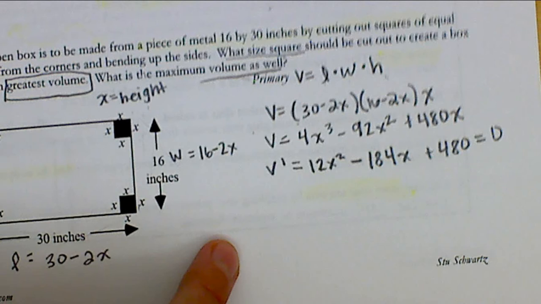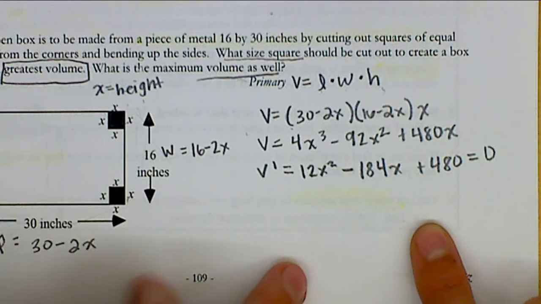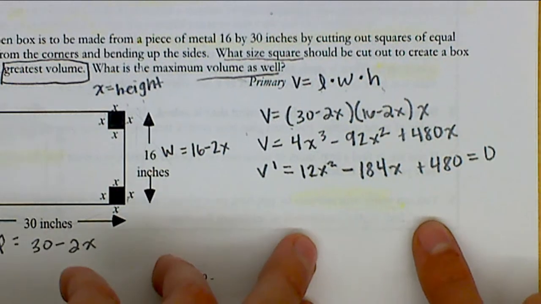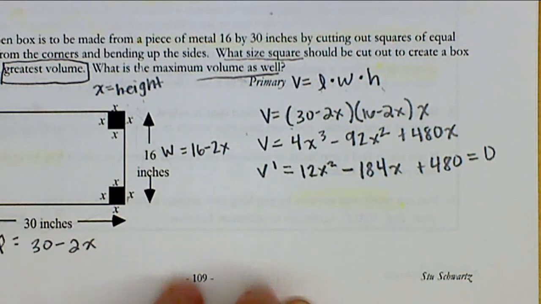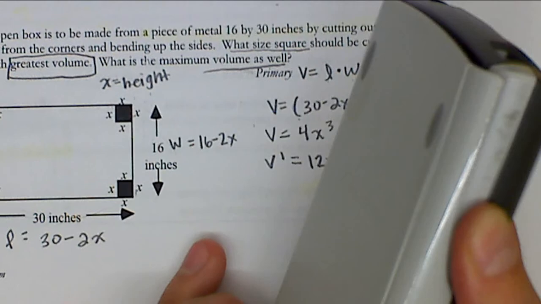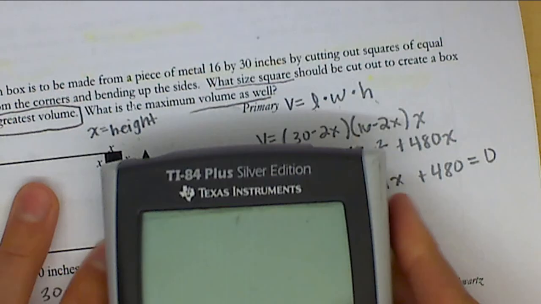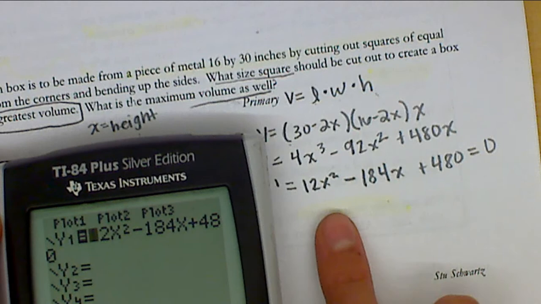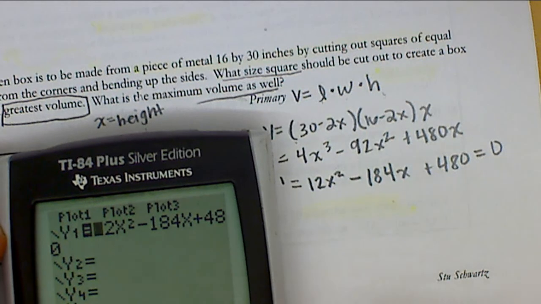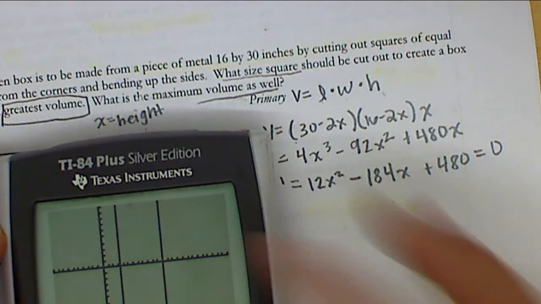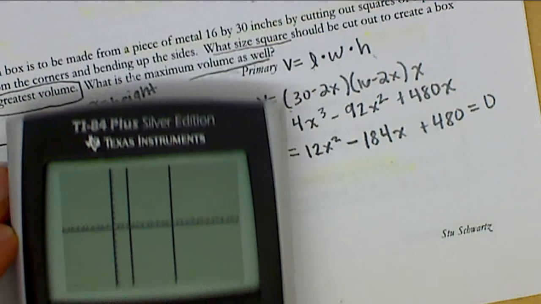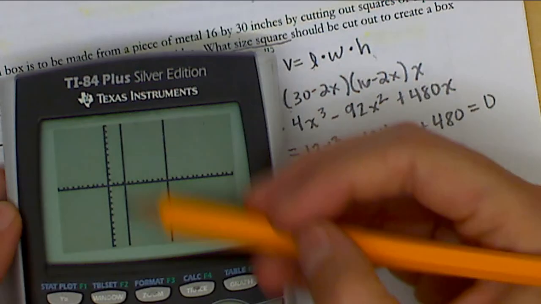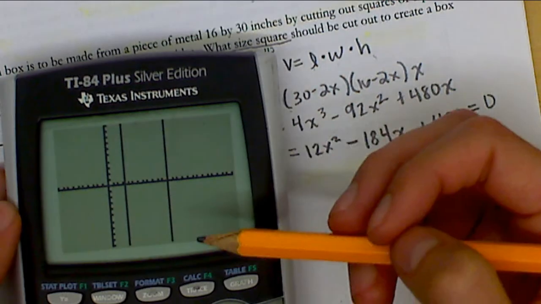This isn't something that we can factor. So the way I would solve this, and I think I already have it in my calculator, is I graphed that equation in my calculator, and you can see the graph goes through the x-axis twice, so I want to figure out what those two x values are.